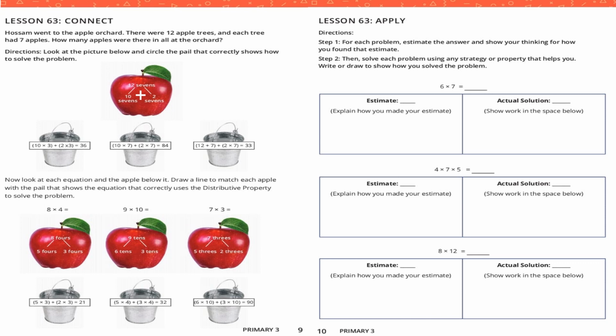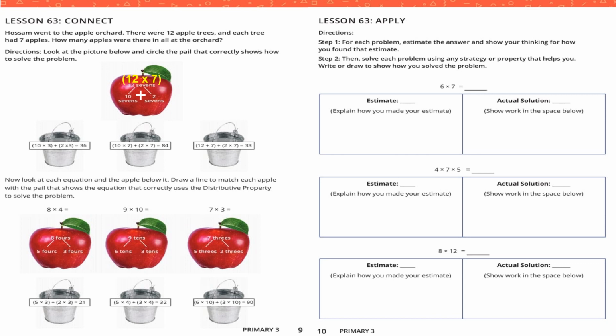We have here 12 apple trees. Each tree contains 7 apples. So let's match this apple to the correct pail. Here in this apple I have 12 sevens. 12 sevens means 12 times 7, because we have 12 apple trees and inside each tree we have 7 apples.